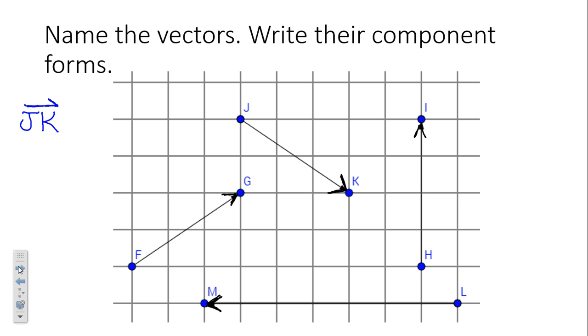So why did I name it JK and not KJ? It starts at J and moves to K. That's the initial point. Terminal point is the same as an end point. Yep. Okay.